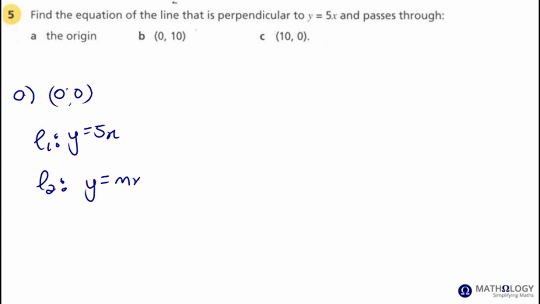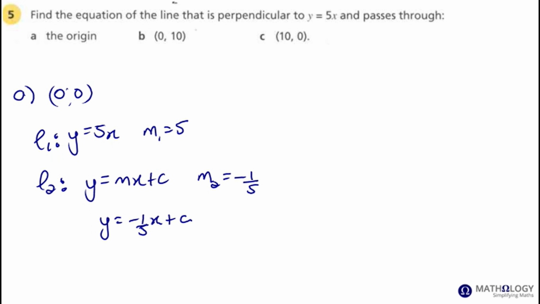y equals mx plus c. The gradient of line 1 is 5. The gradient of line 2, which is perpendicular to line 1, will be the negative reciprocal of 5. So it will be minus a fifth. So y equals minus a fifth x plus c.